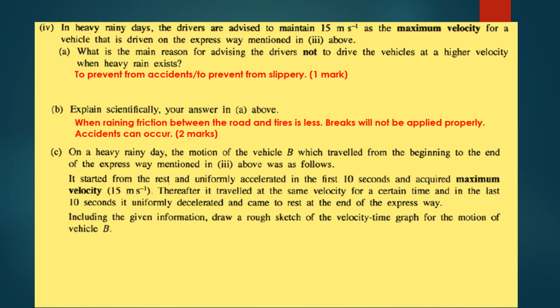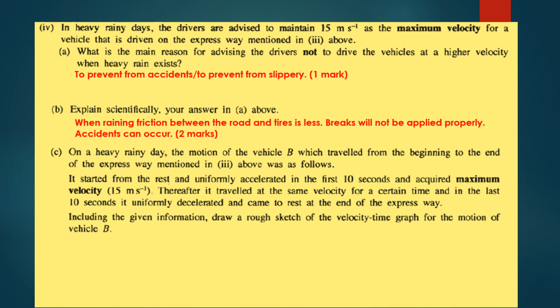Thereafter it travelled at the same velocity for a certain time, and in the last 10 seconds it uniformly decelerated and came to rest at the end of the expressway. Including the given information, draw a rough sketch of the velocity time graph for the motion of vehicle B.